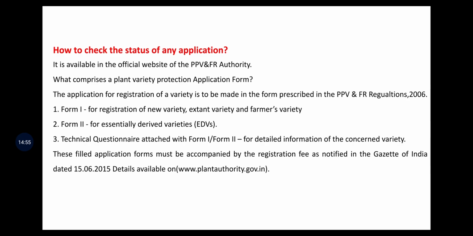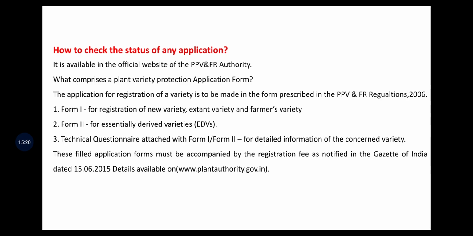The form of PPV-FR Authority means the initial application form, which consists of the application for registration made in the form prescribed under PPV-FR Regulation 2006. Form number 1 is for registration of new variety, extant variety and farmers variety. Form number 2 is meant for essentially derived varieties.